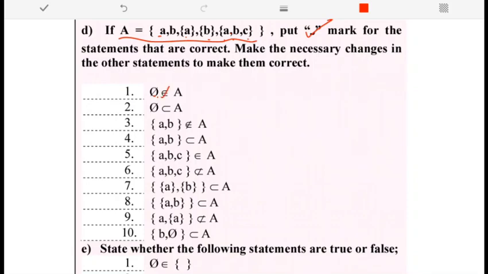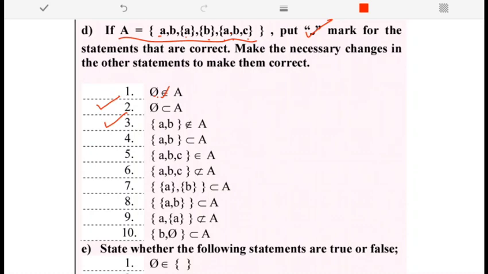For number two, empty set is a subset of A. As I said to you, empty set is always a subset of any set. Therefore, this is also correct. Next, number three, set of A, B does not belong to your A. Do we have an element A and B here? None. Therefore, this must be correct. It does not belong to your A.